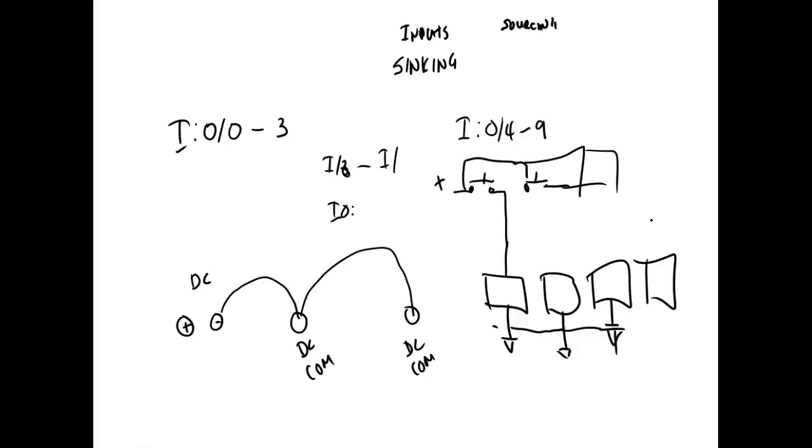My devices are going to have to be hooked up syncing. So that means all their commons will be connected to negative DC. Right? So syncing means we use negative for the common. Sourcing means we use positive for the common.